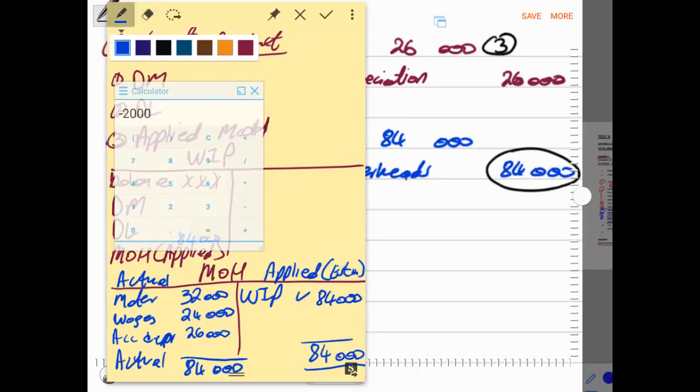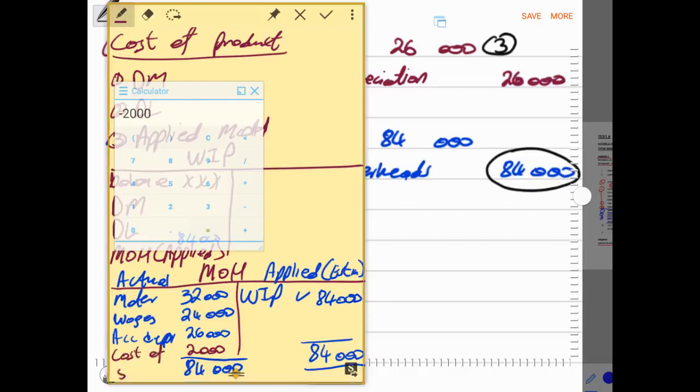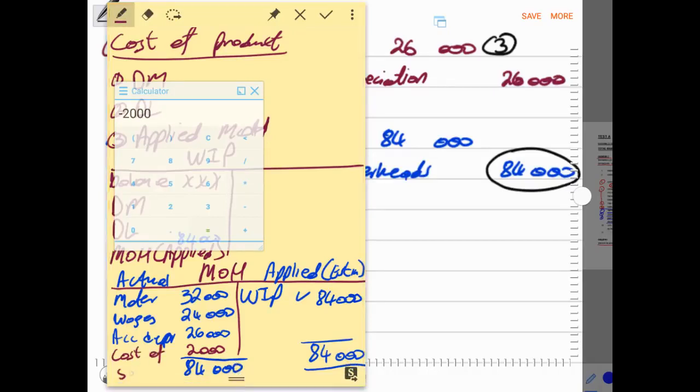And that 2,000 rands will be called over applied manufacturing overheads. And the contra entry for that will be called cost of sales. In this case, we estimated 84,000 rands of the manufacturing overheads, but we actually incurred 82,000 rands.